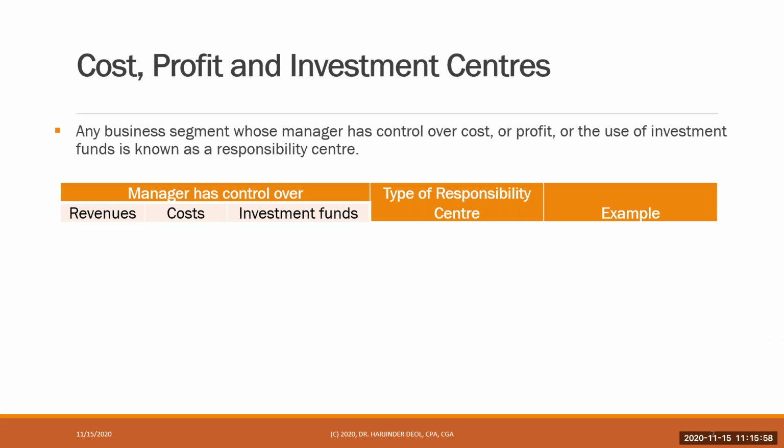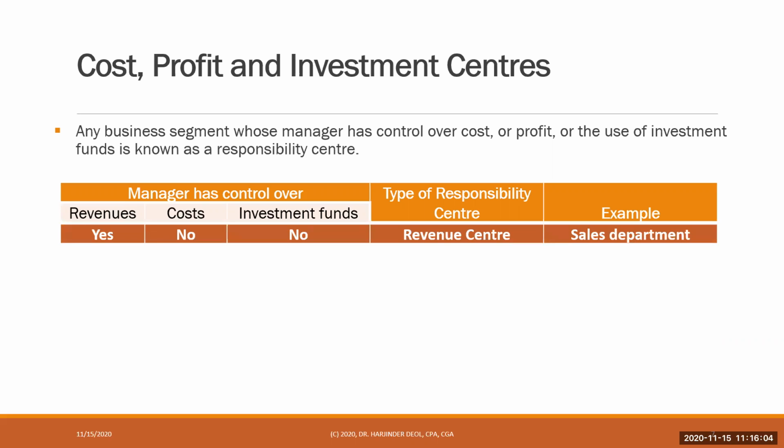So the first one is if the manager is responsible for revenues, but not costs or the investment funds, then that particular responsibility center is called a revenue center. An example of that would be the sales department of a company.